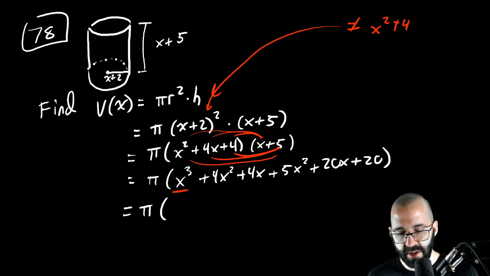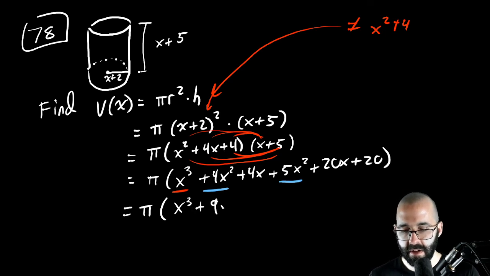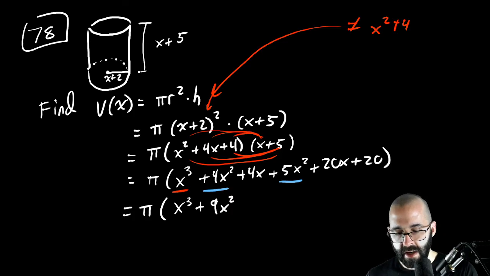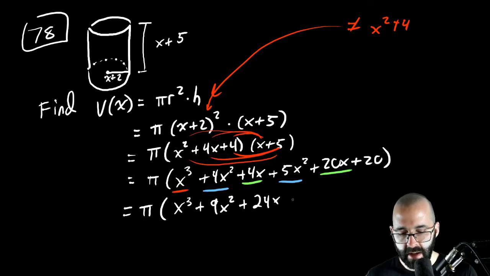You do that, x cubed. There's only one x cubed term. X squared is a 4x squared plus a 5x squared is 9x squared. And then x plus 20x is 24x. And then plus a 20 at the end.